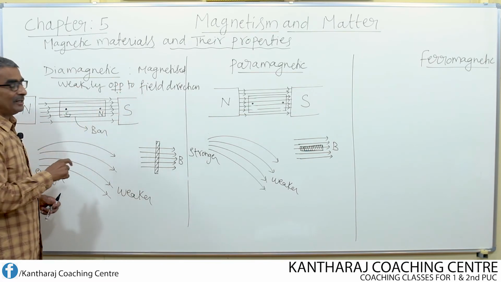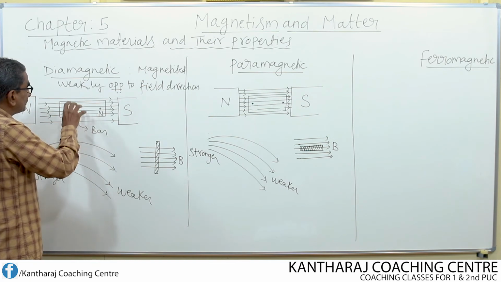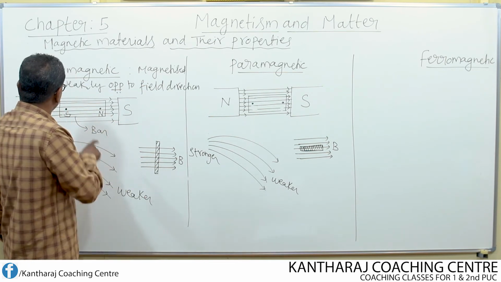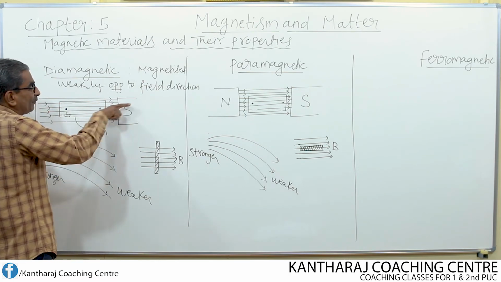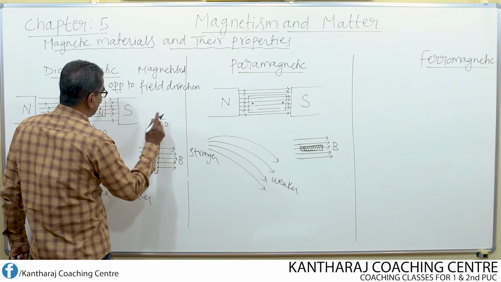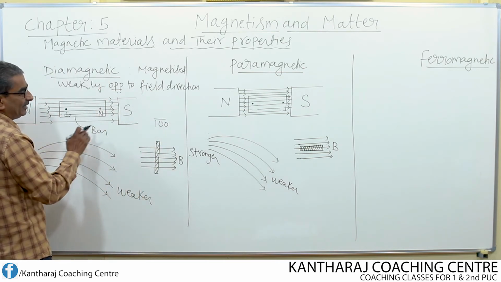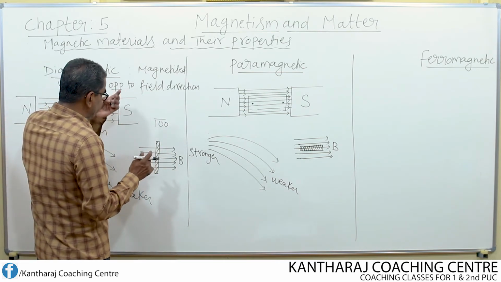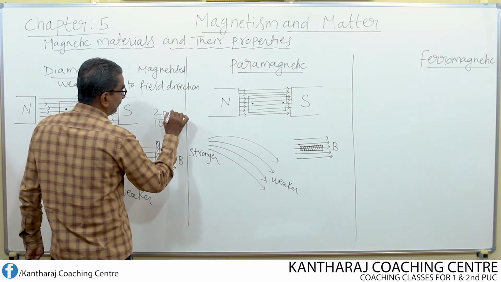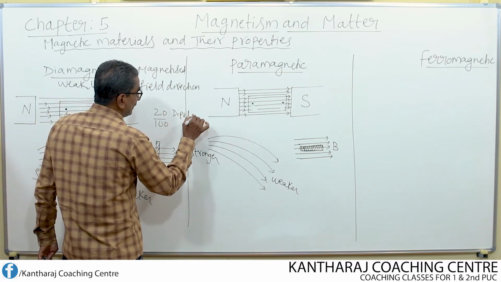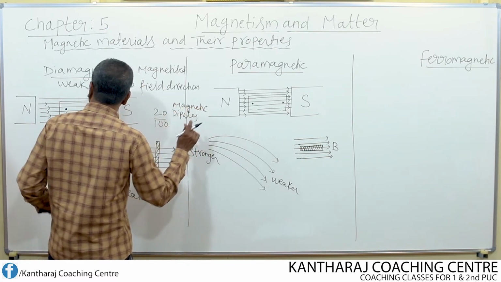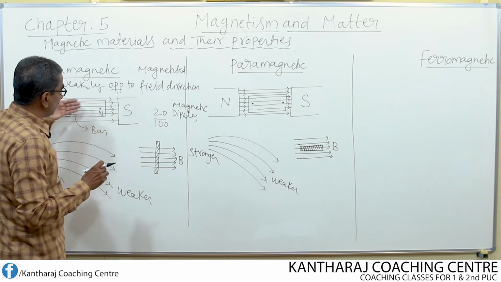Weakly means what? All the magnetic dipoles of this magnetic material do not align in the direction of the magnetic field. Say for example, if there are 100 magnetic dipoles in this entire material, out of 100, maybe around 20 magnetic dipoles may arrange in the direction of the magnetic field.